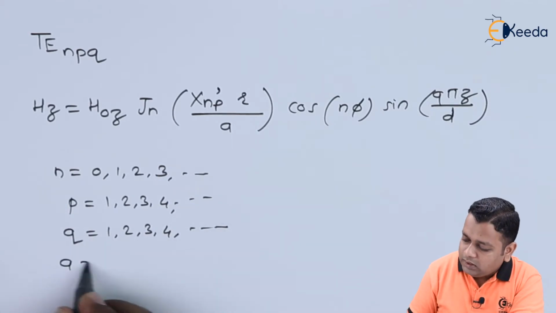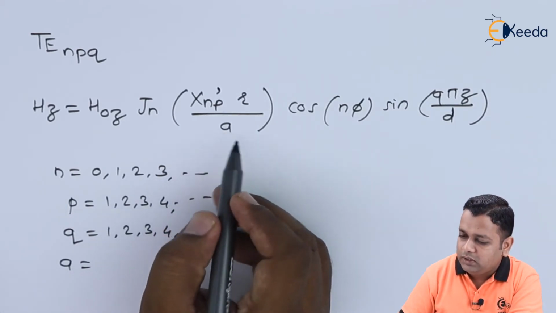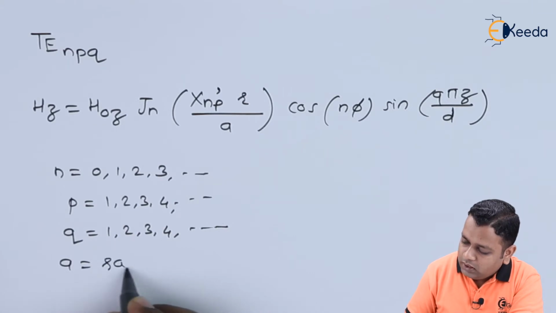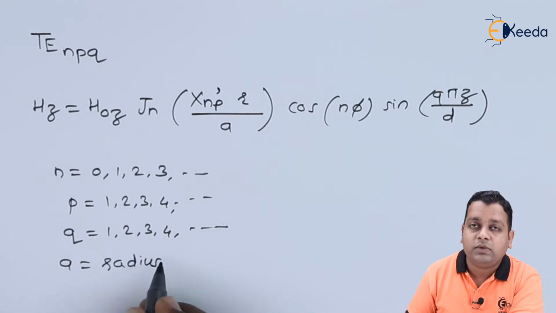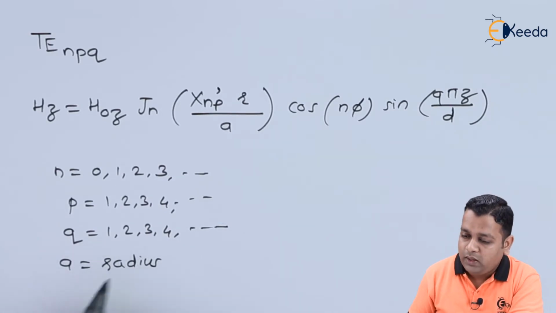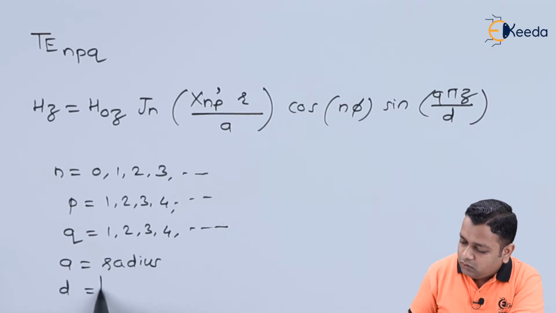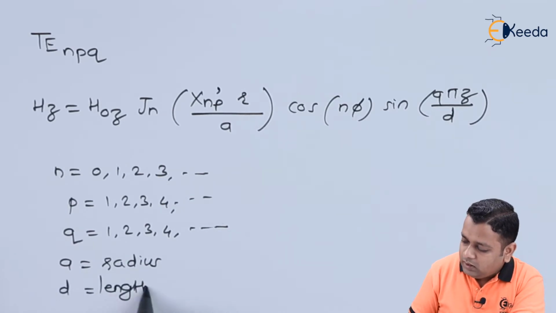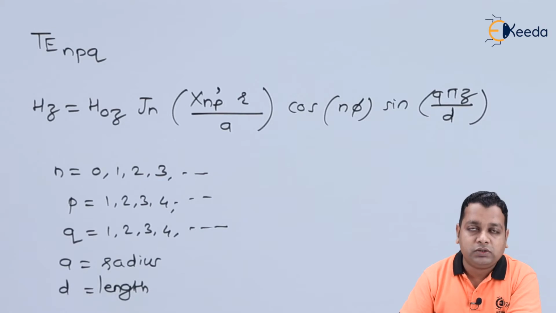Whereas a is the radius of the semicircular cavity cross section, that has been represented in the earlier schematic diagram, and d is the length of the semicircular cavity resonator here.